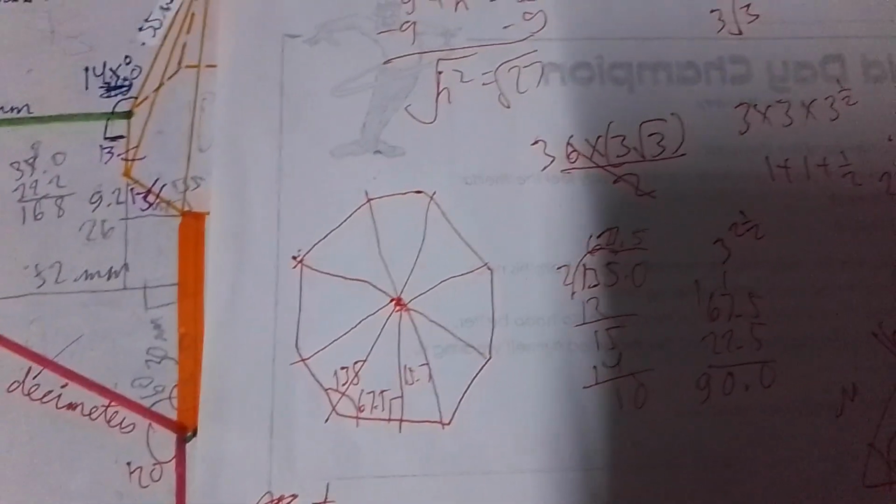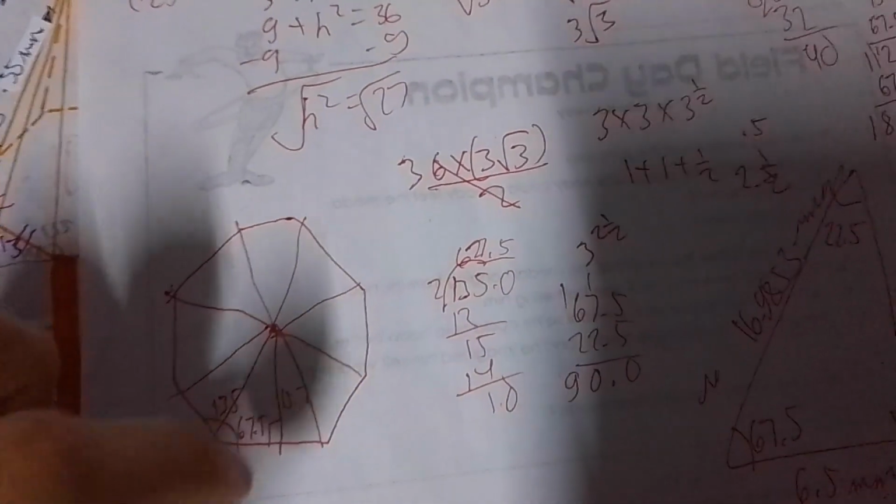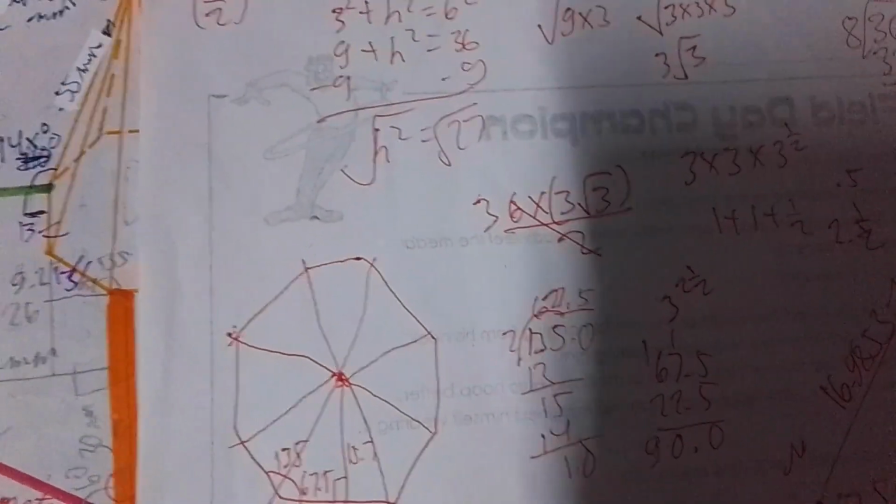We should get 67.5, and then we put this one, and we should get 180. Now back to the problem. As you can see, this is the formula I worked out. Now we got 67.5, and because we have a right angle here, this one is supposed to be 22.5.